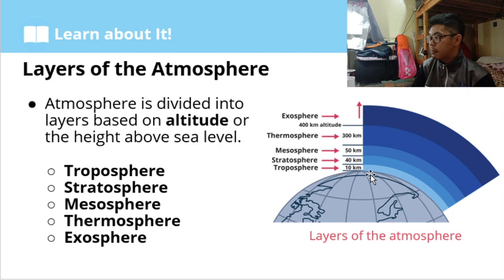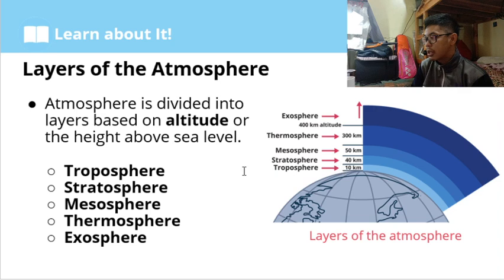Just like for example in this slide, your troposphere is around 10 kilometers above sea level. For sea level, think of La Union. When you are in La Union and on the road in La Union, we see that we are level with the water. So that is your sea level. That would be the 0, and anything above it, how many meters going up, that's actually your altitude.